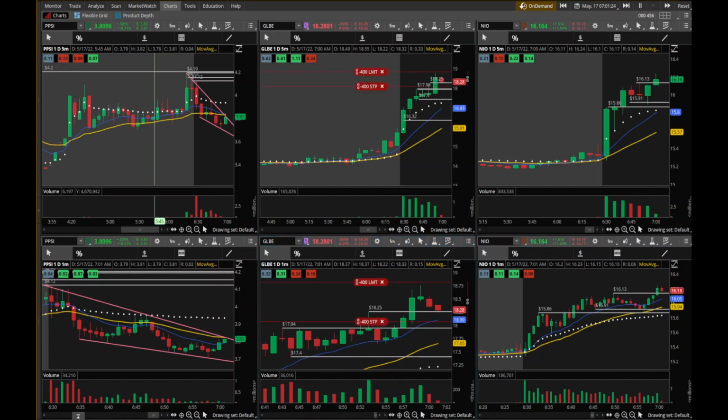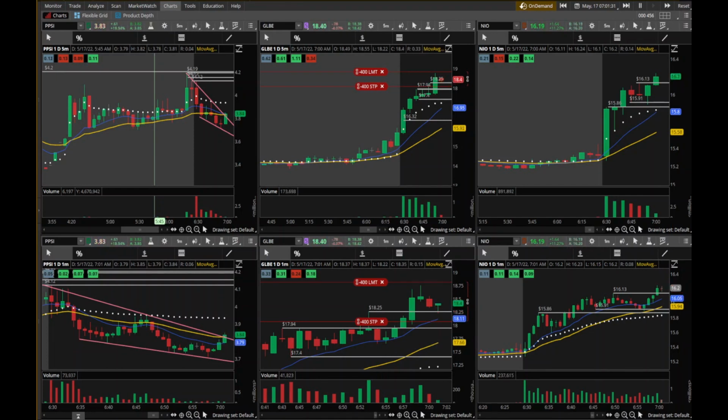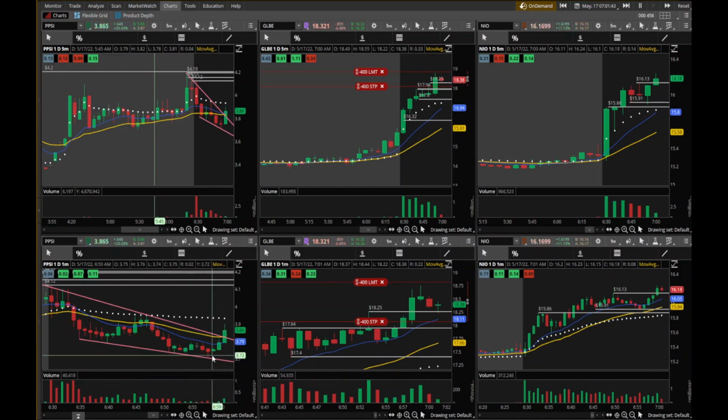Nice pullback. I'll take a shot at it. Wow. PPSI breaking right through that. Very nice.